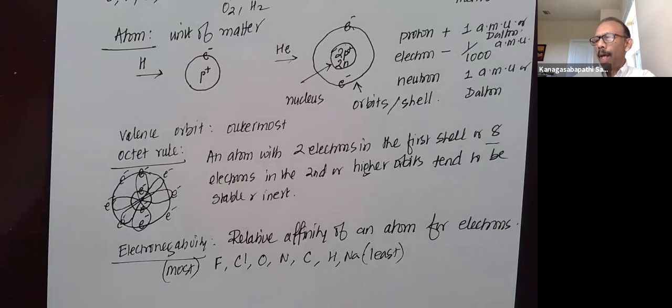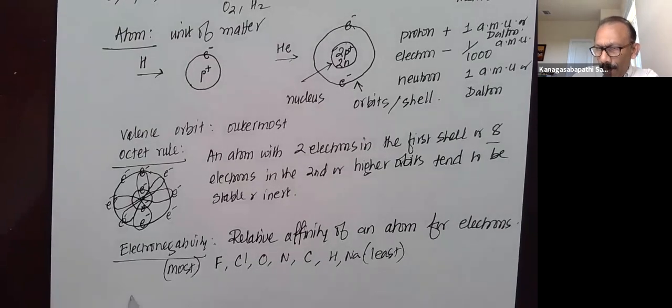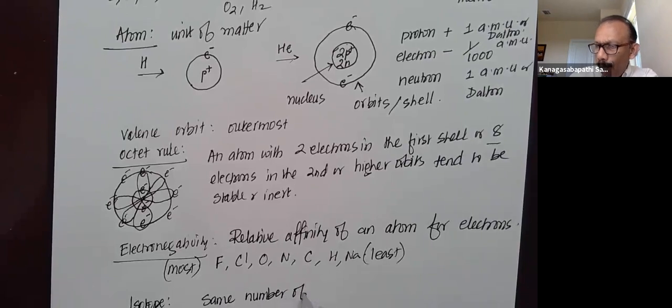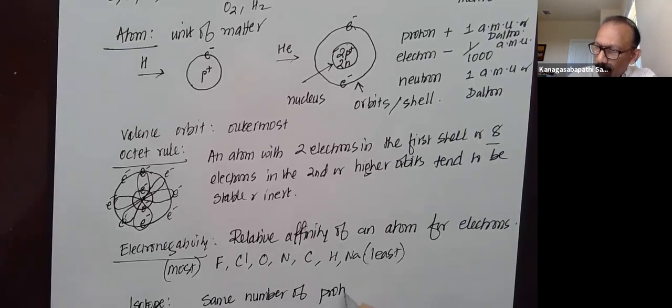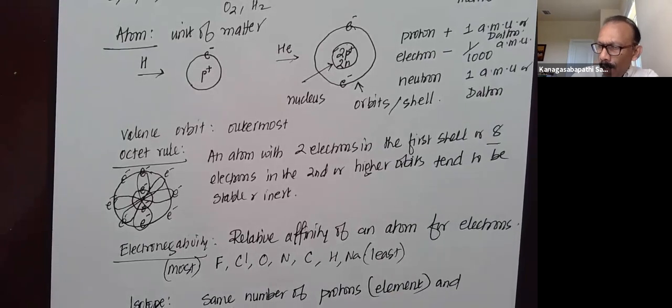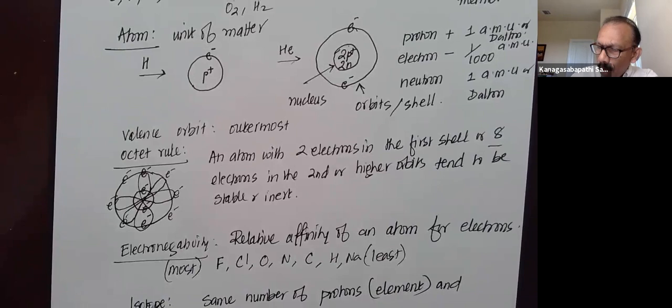And a few other terminologies. Let's look at isotope. Isotopes contain the same number of protons, so the same element is determined by the proton, and varying numbers of neutrons.